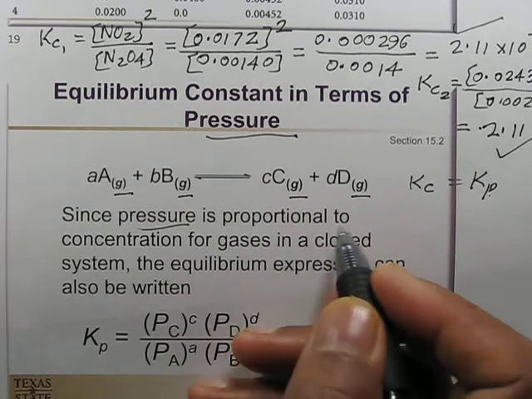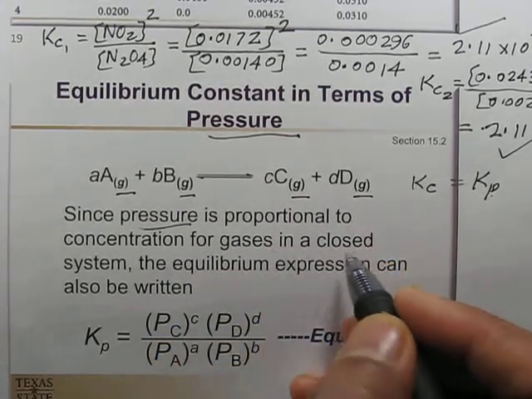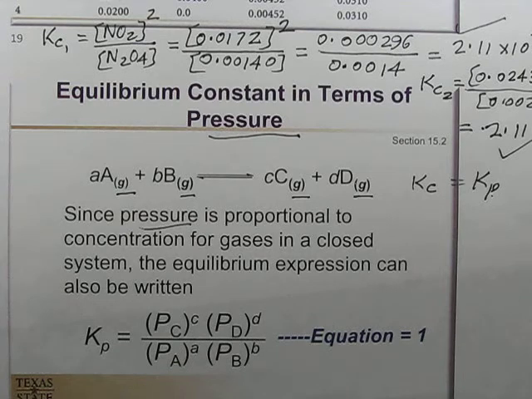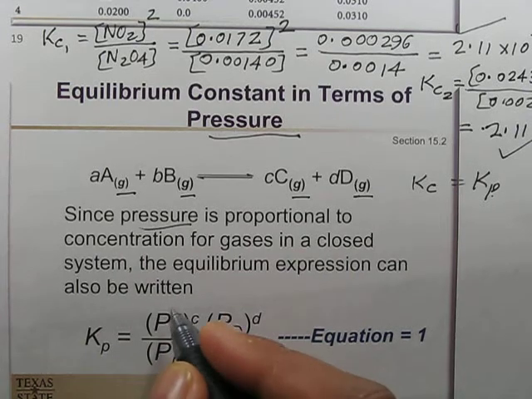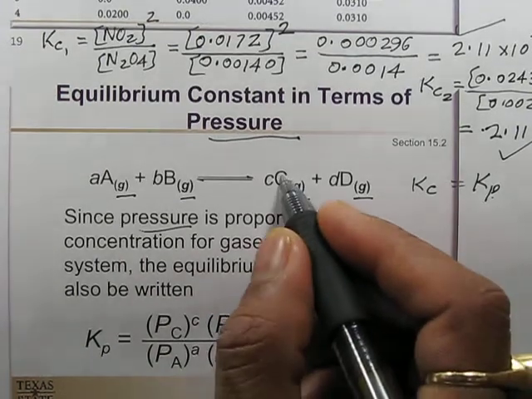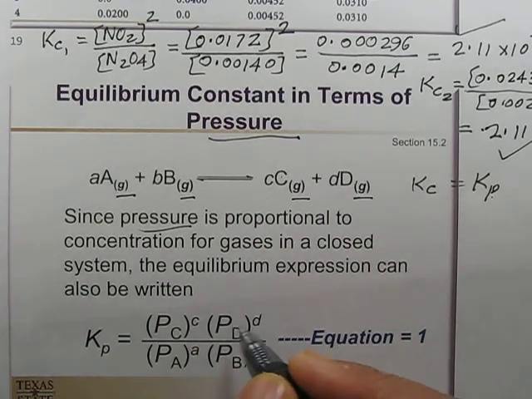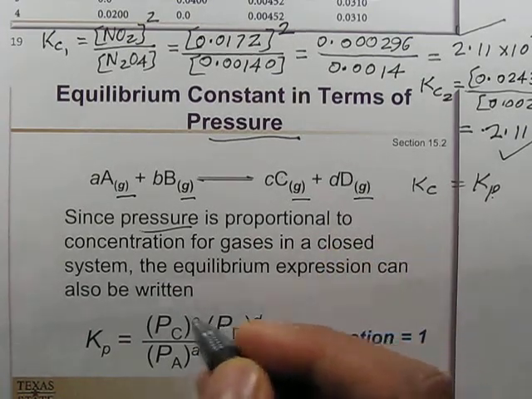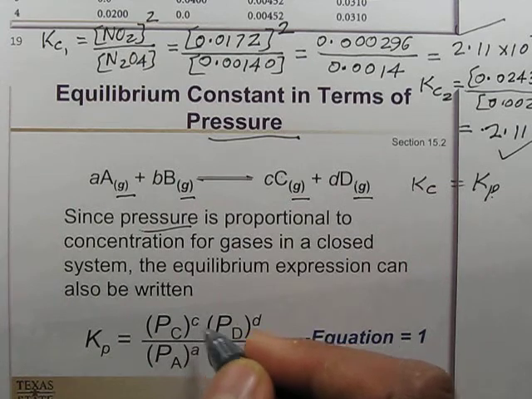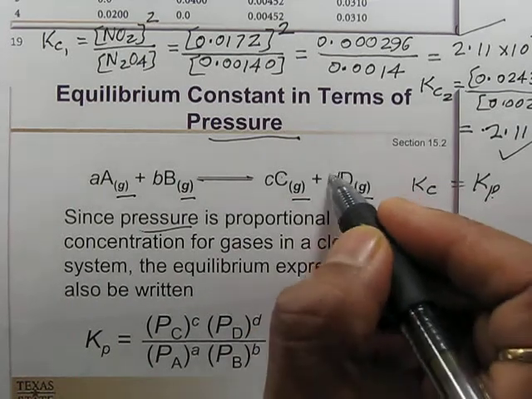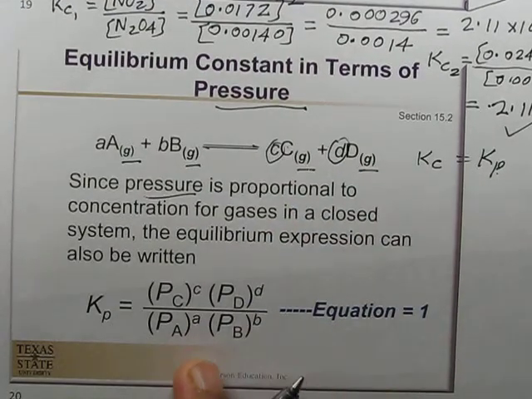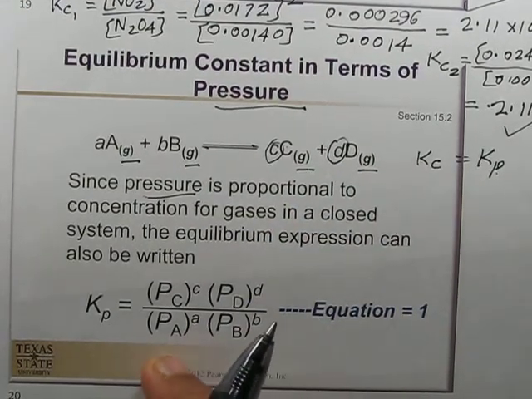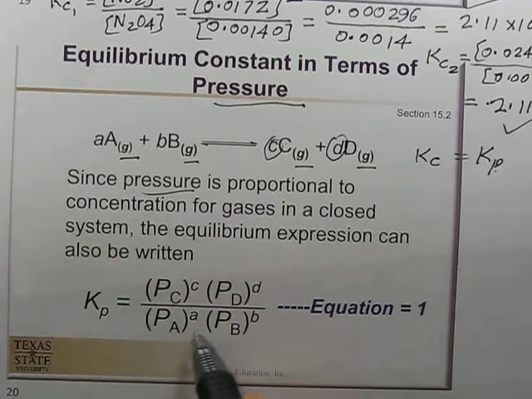Since pressure is proportional to the concentration of gases in a closed system, the equilibrium expression can also be written as Kp equal to capital P, the pressure of C gas, which is a product, times capital P, the pressure of D gas, which is another product, raised to the power of small c and small d as their coefficients, divided by the reactant gases' pressures and their powers.